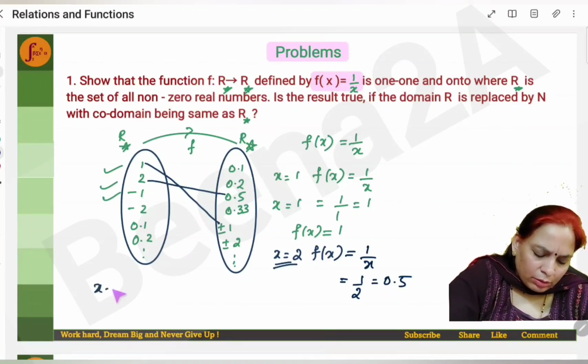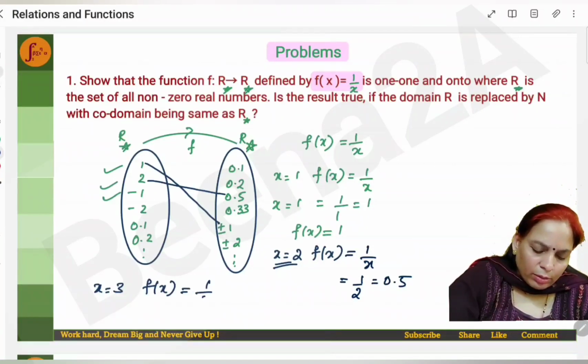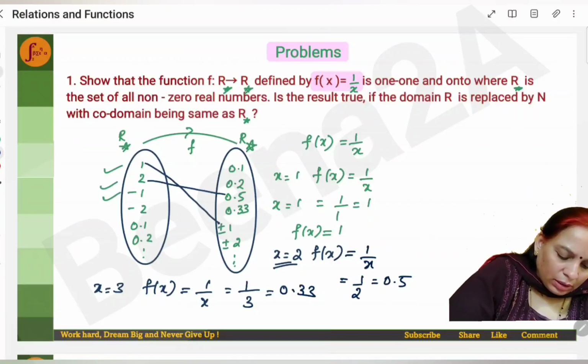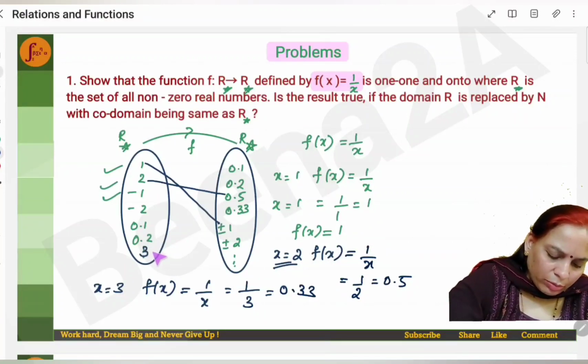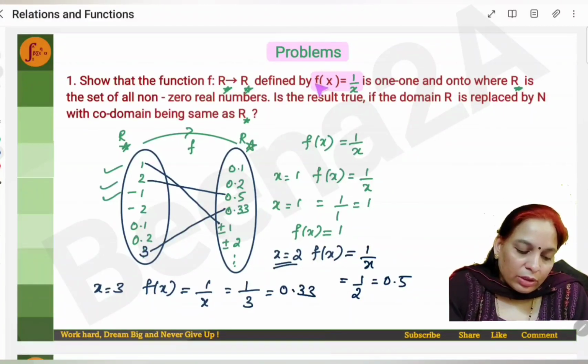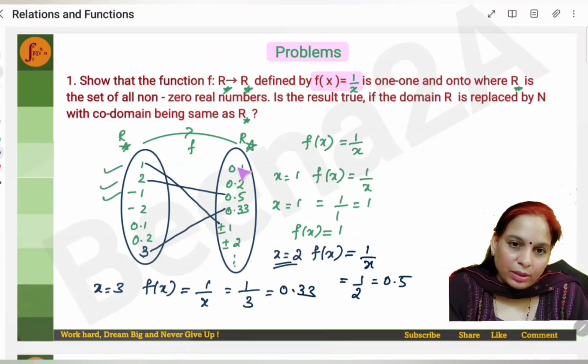Now if x is equal to 3, then f of x is equal to 1 by x, which is 1 by 3, which is 0.33. Assume that I have 3 here. So 3 would be mapped to 0.33. So this function tells you how to map the elements in this particular set to elements in this particular set.